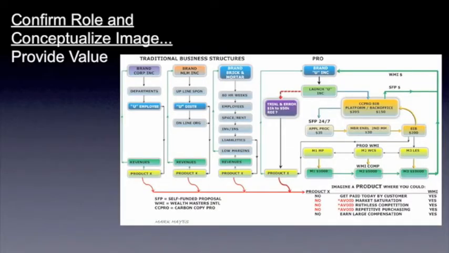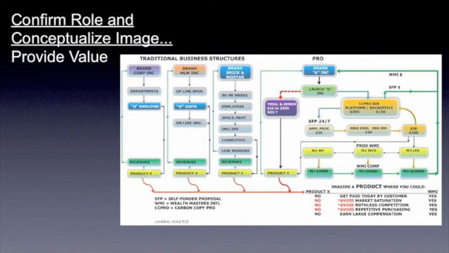Second, you're going to confirm their role and conceptualize the image. You're going to do this by trying to find out if they're clear on their role in what they're going to be doing as a marketer, one who's going to brand their name.